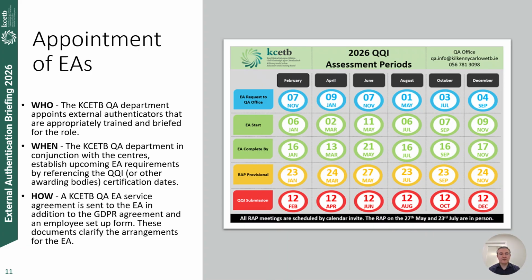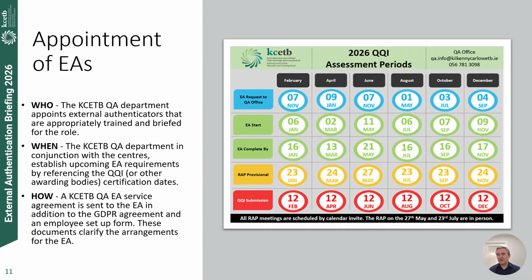So for the appointment of EAs, we look at who, when, and how. So for the who, who do KCTB appoint as EAs within our centre? As you know, the QA department are responsible for the booking of EAs within KCTB, so it's centrally managed in KCTB.